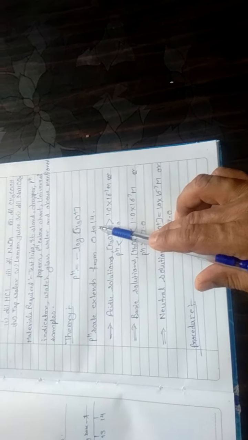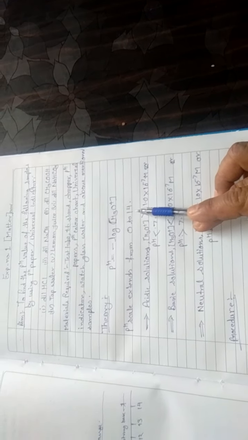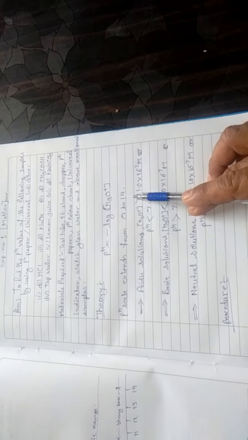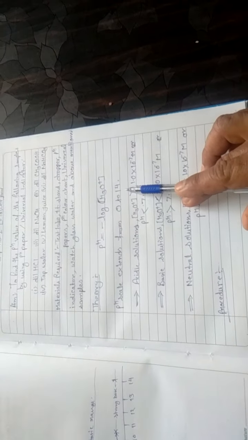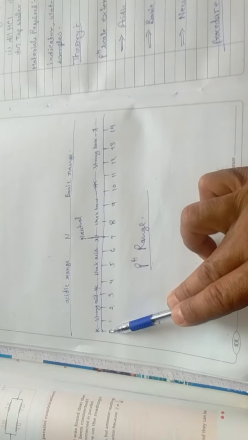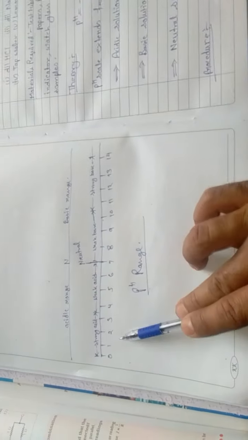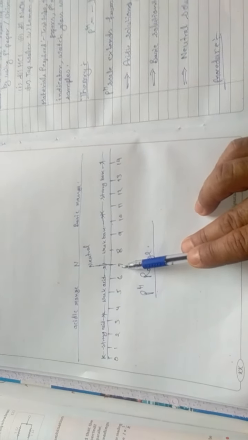The pH scale extends from 0 to 14. We will show you the pH scale. Here you see, from 0 to 14, this is the pH scale. 7 is the neutral point.